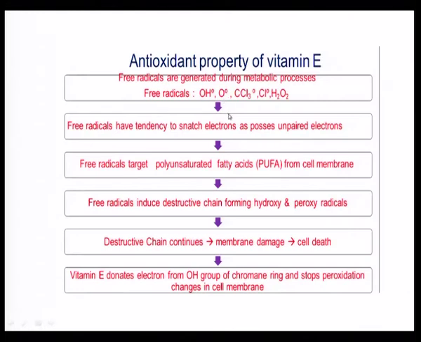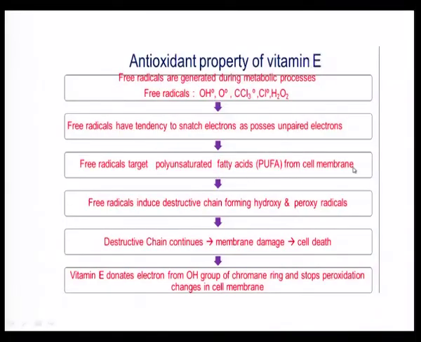So you see here some examples of free radicals: the oxygen free radical, the hydroxyl free radical, the carbon tetrachloride or trichloromethyl free radical, the chlorine atom as a free radical, and obviously free radicals from hydrogen peroxide. These free radicals have the tendency to snatch electrons, because they themselves want electrons desperately.